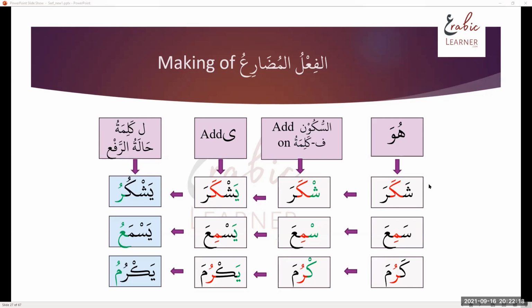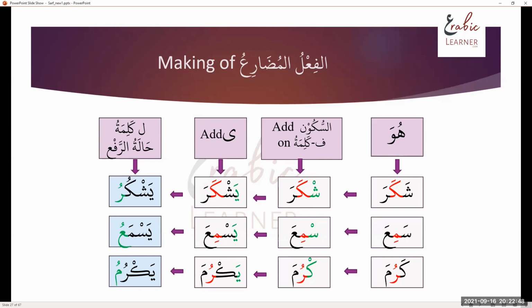Shakara, he thanked, became Yashkuru, he thanks. Sami'a, he heard, Yasma'u, he hears. Karuma, he became noble, Yakrumu, he is noble.